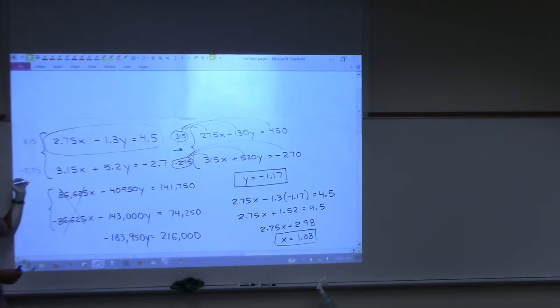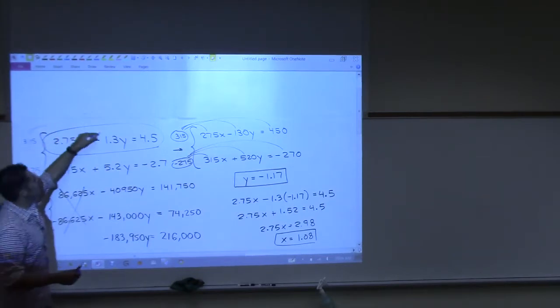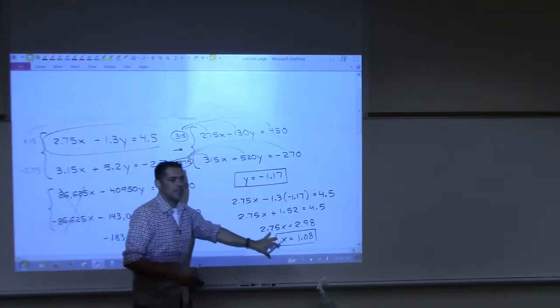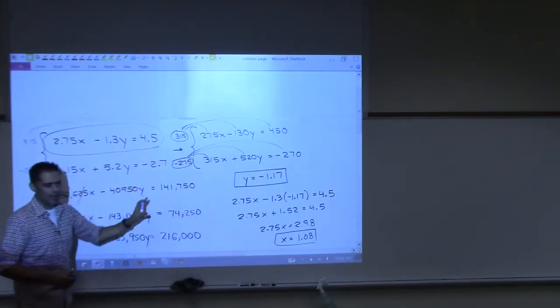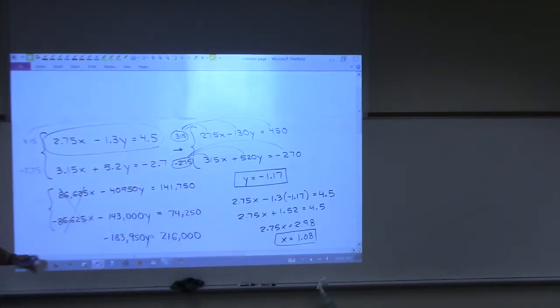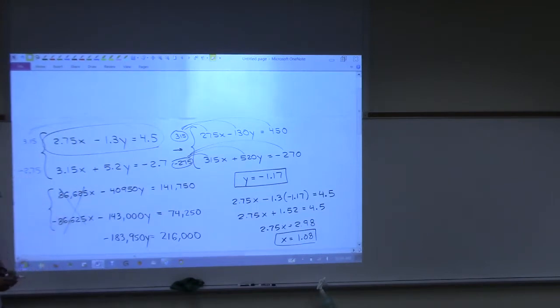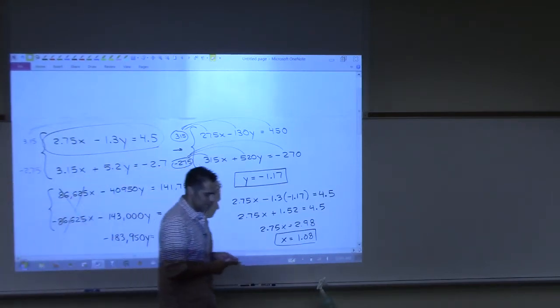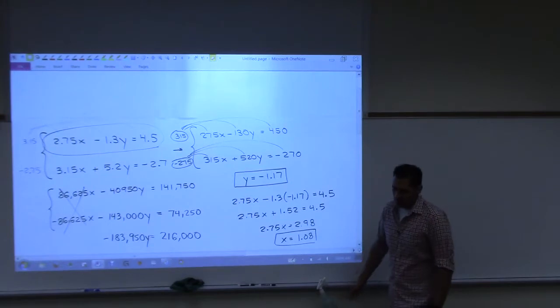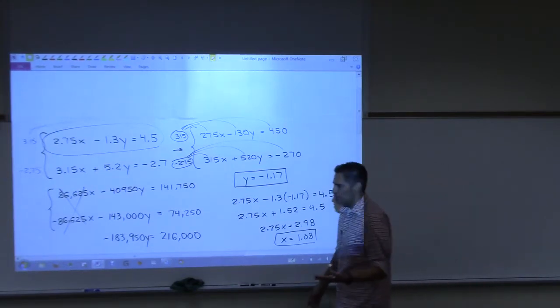And if you would have done that and distributed through, we would have got to the same answers, but you would have had decimals the whole way. It's okay, you could do that. Or you could have noticed that these are, just multiply that by 4, but that was just by chance. I just wrote the problem down, I wasn't paying attention. All right, that's it. Any questions on elimination?